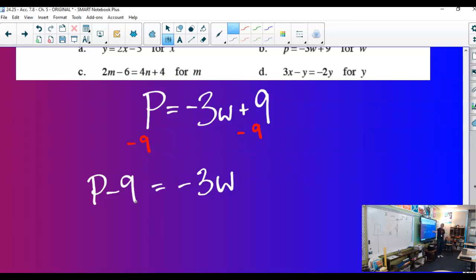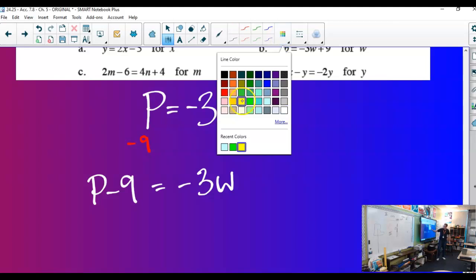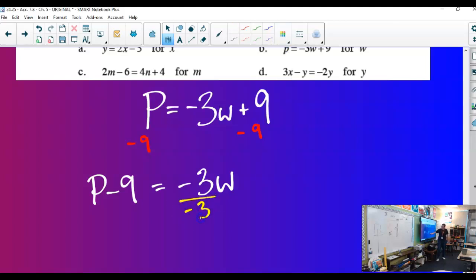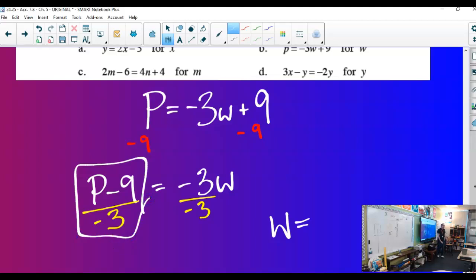Because what are we going to do now to get the W by itself? Anybody? So I just don't want to scroll my screen too far. So this W is going to become, you don't need to do that math because we can't do that math. It's P minus 9 divided by -3.